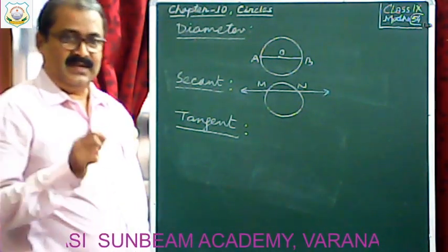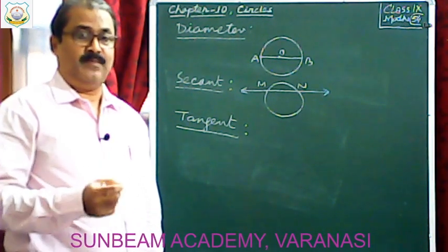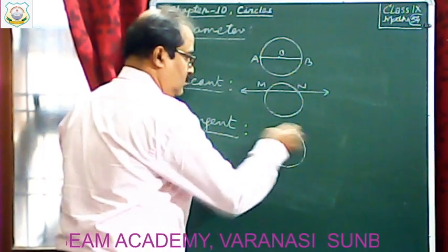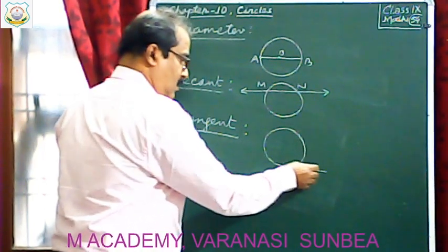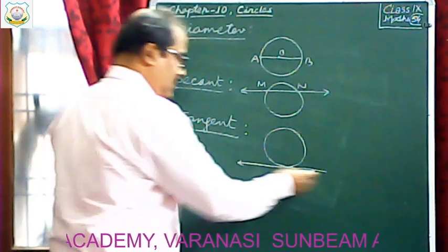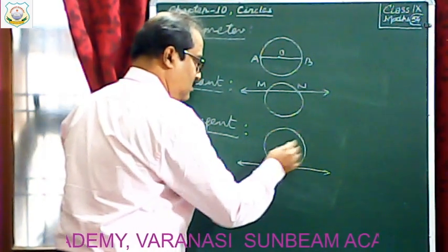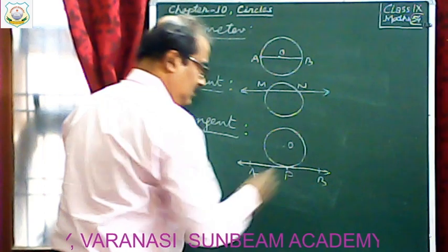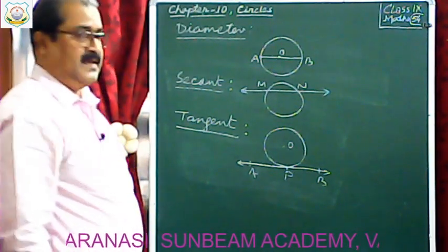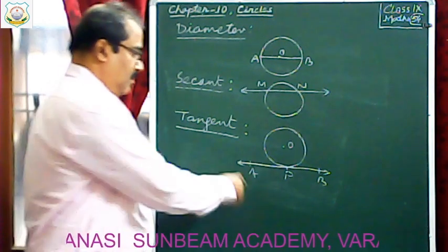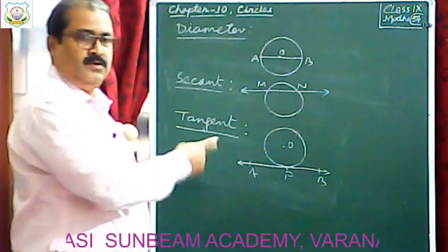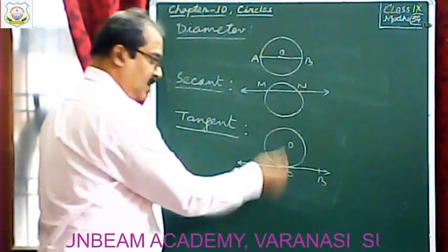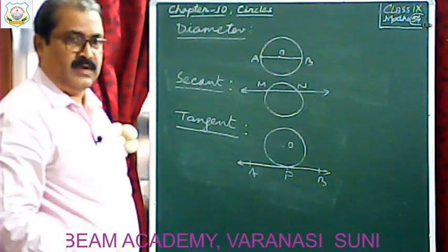If a line touches a circle at a point, it is known as a tangent. Suppose AB touches the circle at a point, then AB is known as a tangent to the circle with center O. And this common point of the circle and tangent is known as the point of contact.